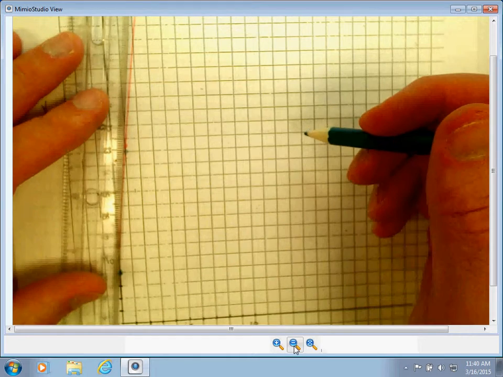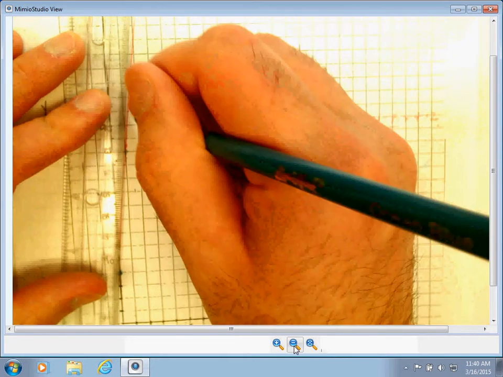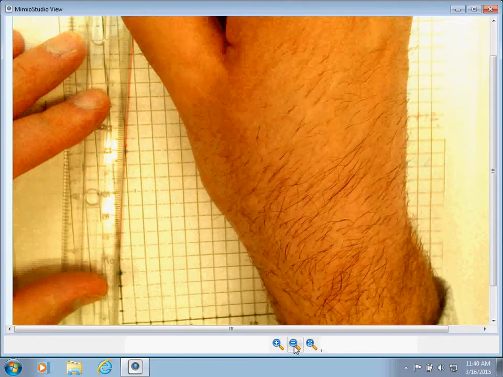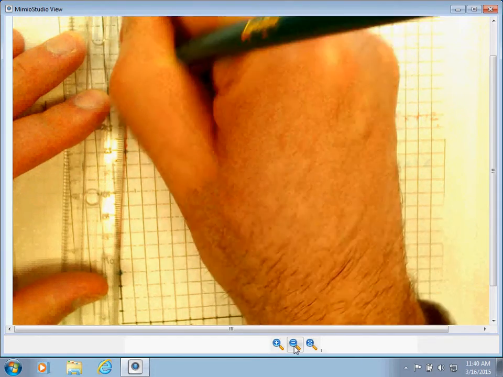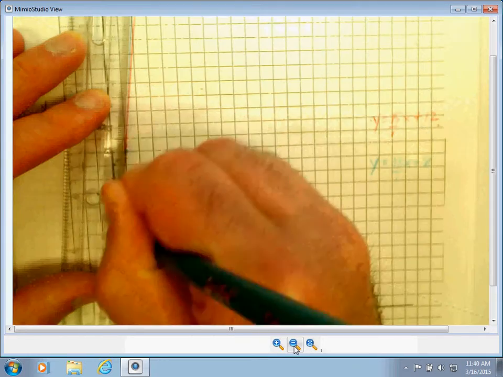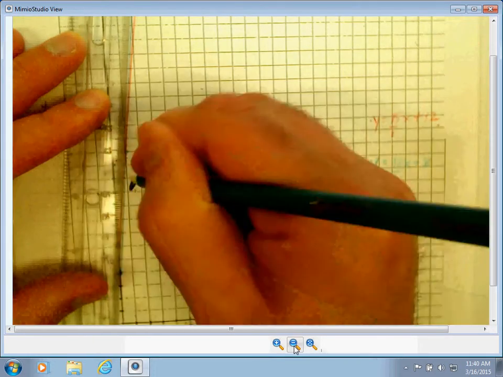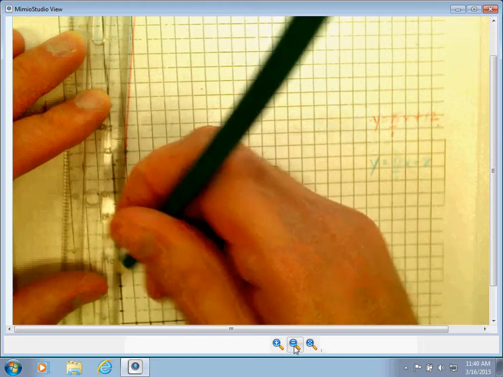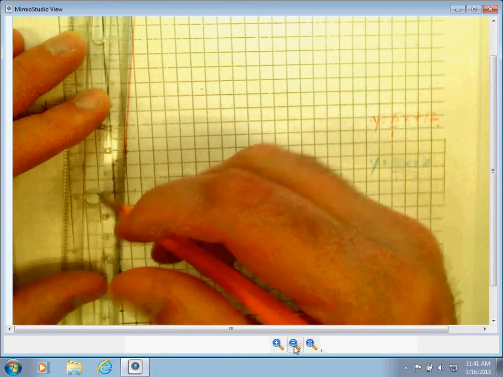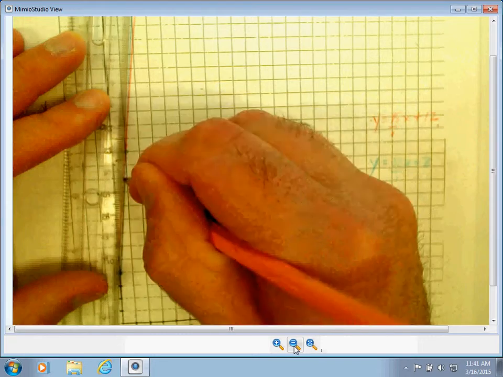So again, we see a pretty steep graph. And that pencil broke, so I'm going to just color this back in with my regular pencil too.